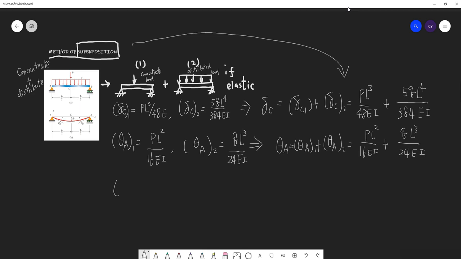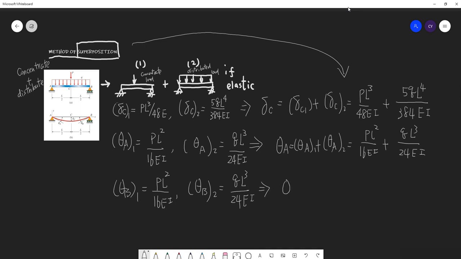And also theta B number 1 is equal to PL^2 over 16EI because it's symmetric, so it's the same. And theta B number 2 is also the same, symmetric, QL^3 over 24EI.